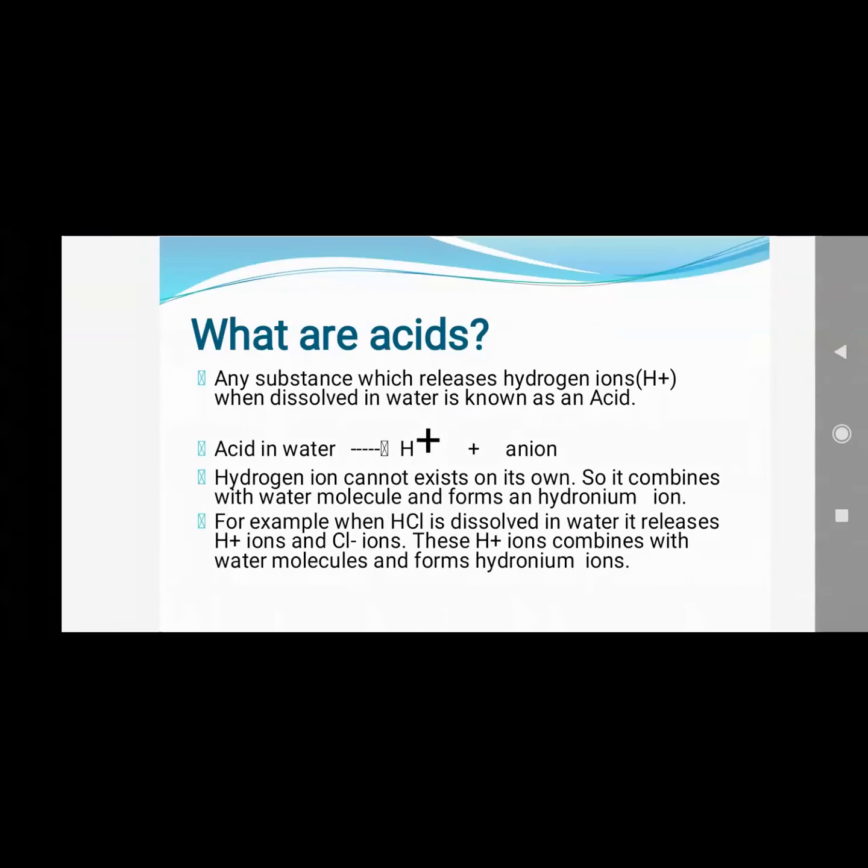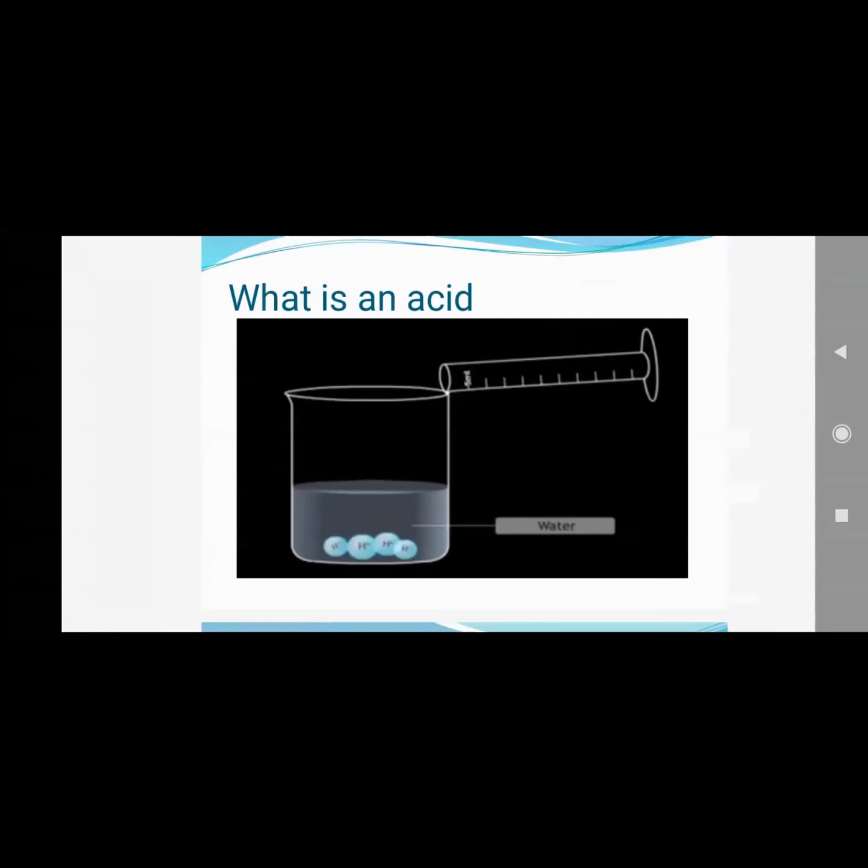This slide gives you information about the definition of acid. An acid is a substance which releases hydrogen ion when dissolved in water. Here it is showing the same definition with the help of a figure, student. In water, drops of acid are added.